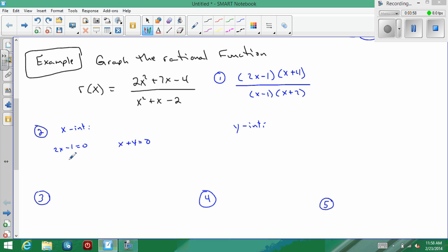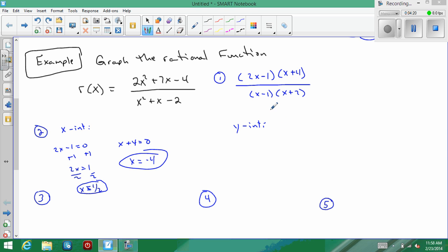To solve 2x minus 1 equals 0, you get 2x equals 1, divide by 2, and you get x equals 1/2. And for x plus 4, you subtract the 4 and get x equals negative 4. So those are your x-intercepts.